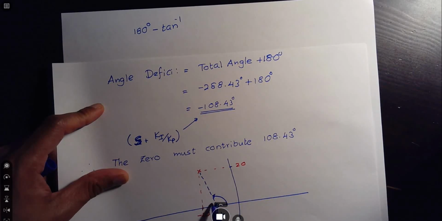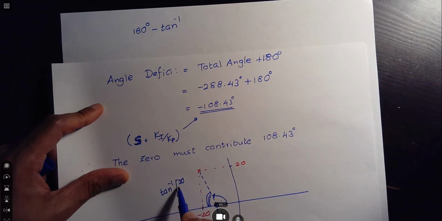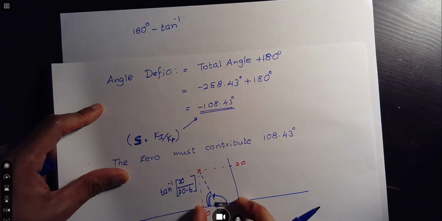We're going to try to find this angle, which is nothing but tan inverse of 20 over 20 minus b, because this is 20 minus b in magnitude.